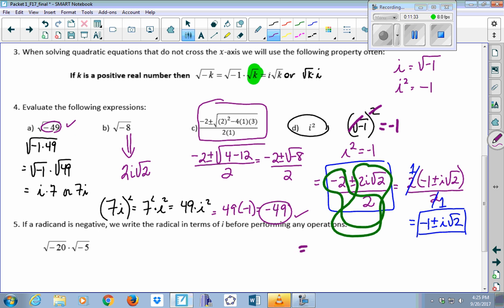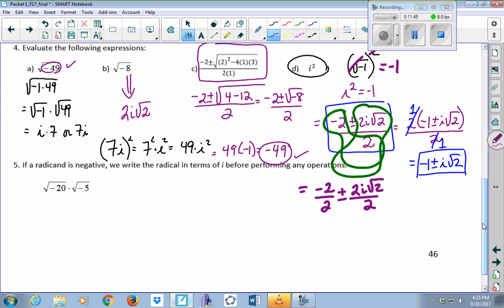So you could break this up to be negative 2 over 2, add or subtract 2i square root of 2 over 2. And that simplifies to be negative 1 plus or minus i square root of 2. Exactly the same answer. Some students like this approach because they can see how this denominator belongs to both of the terms in the numerator, and some students like the idea of factoring out a common factor and then reducing.